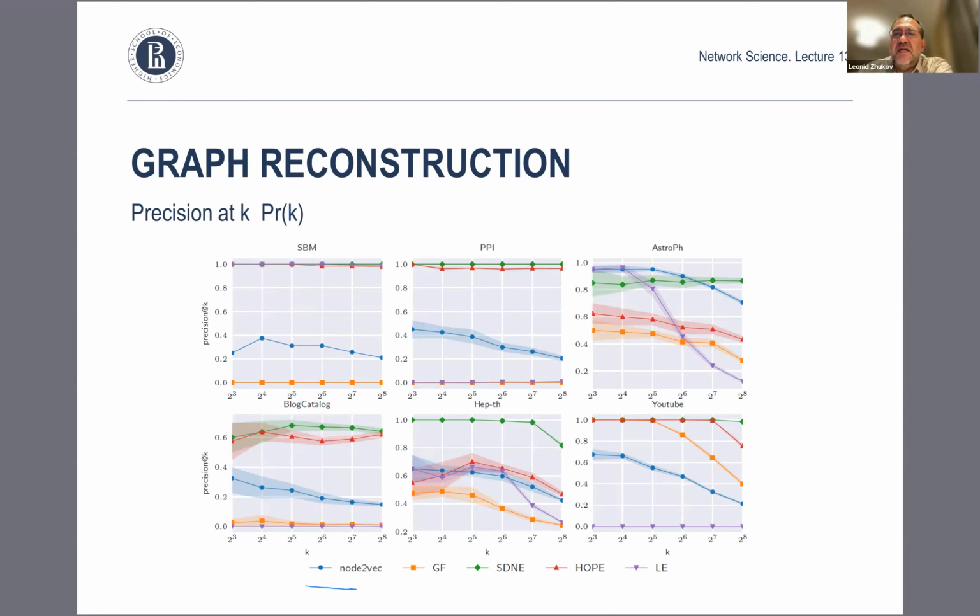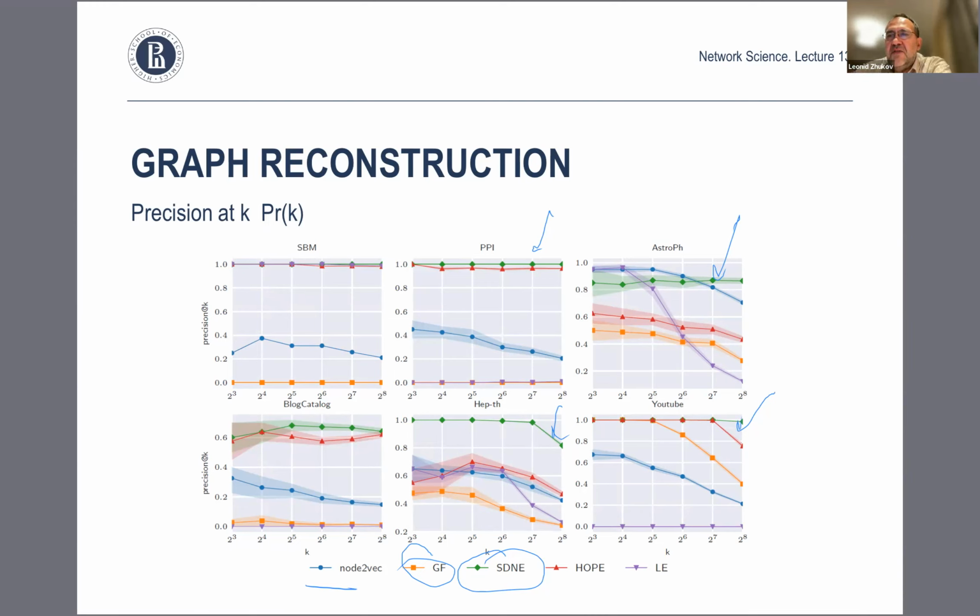What's surprising is how well this structural deep learning performs. If you notice, this green one is always very good. Not such a bad performance from the graph factorization algorithm, which is similar to linear embeddings and Laplacian embedding kinds of algorithms.